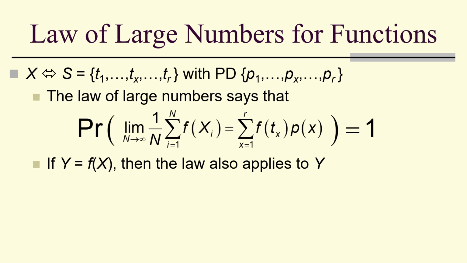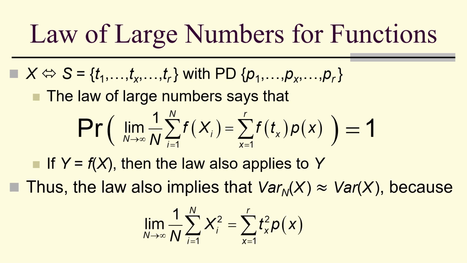So we end up with this version of the law of large numbers. Thus, the law also implies that the sample variance is approximately the variance. In other words, the limit of the sample mean of this function of x sub i is equal to the expected value for that function. That's what gives us that the sample variance is in some sense an approximation to the actual theoretical variance.